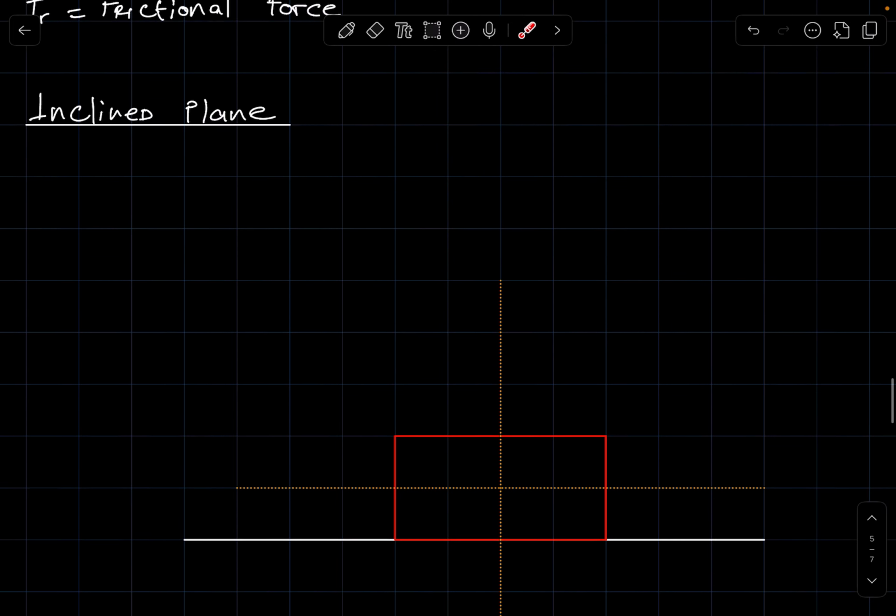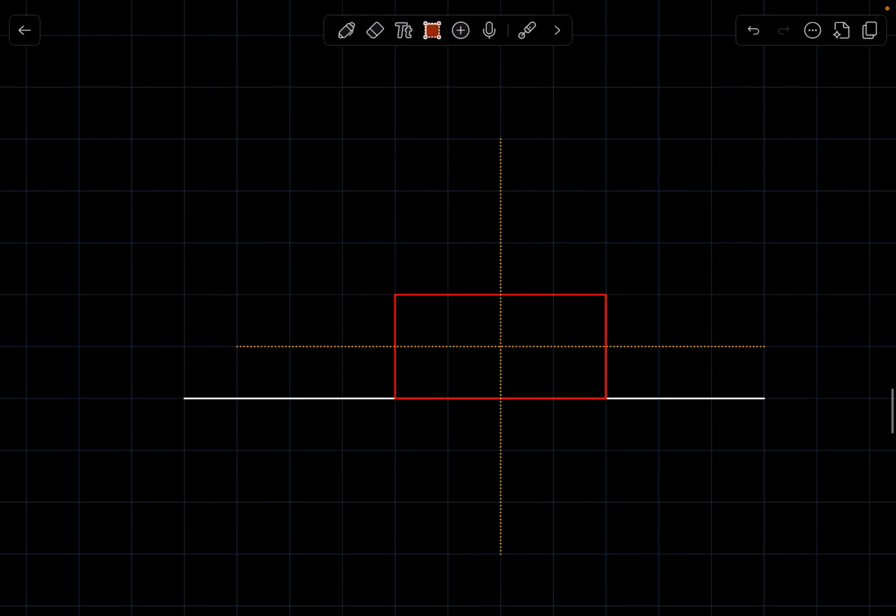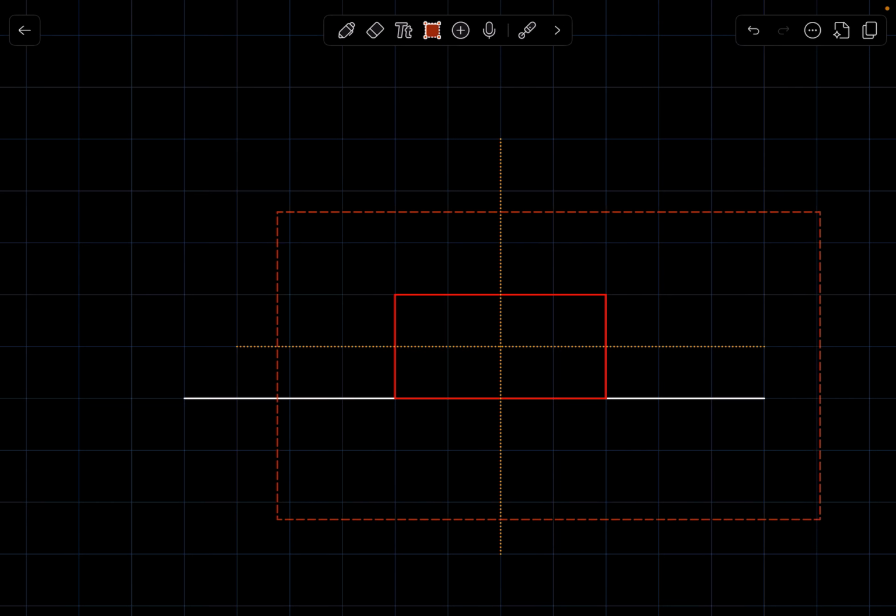Now, finally, we are going to look at the forces that an object is subjected to on an inclined plane. Right, now let's turn this plane into an inclined plane.